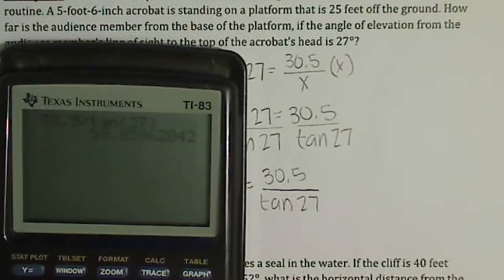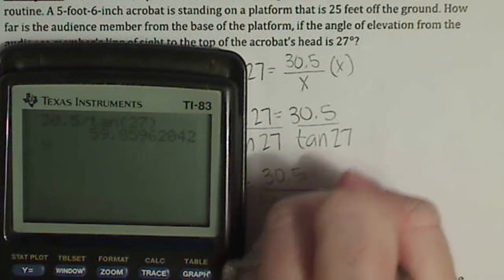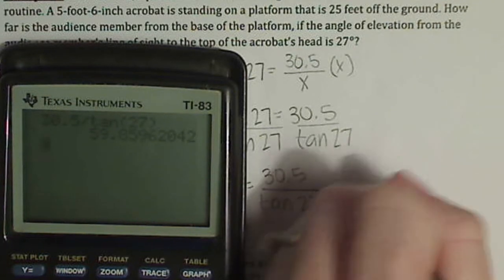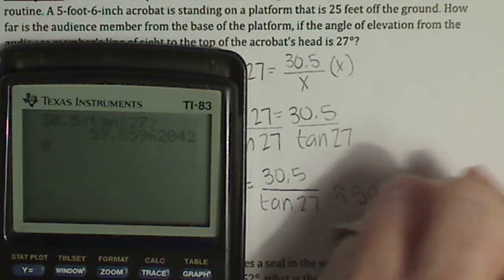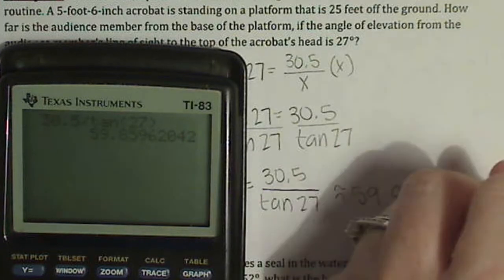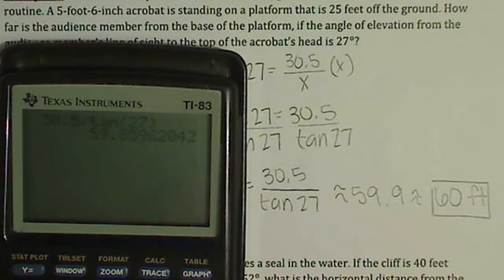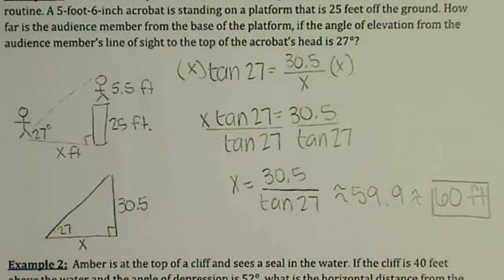So we're going to say that this is about 60 feet. What that means is that person in the audience is about 60 feet away from the acrobat. Okay? Let's do another one. Let's do example 2.